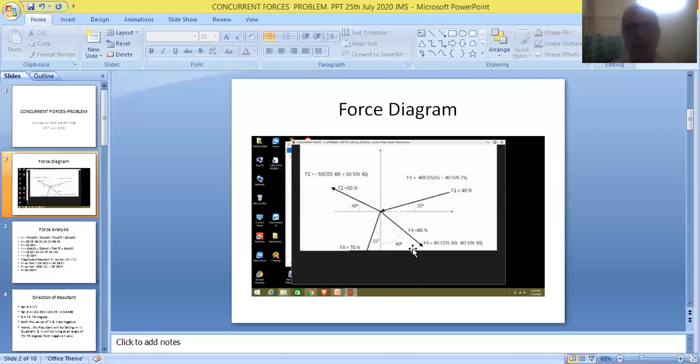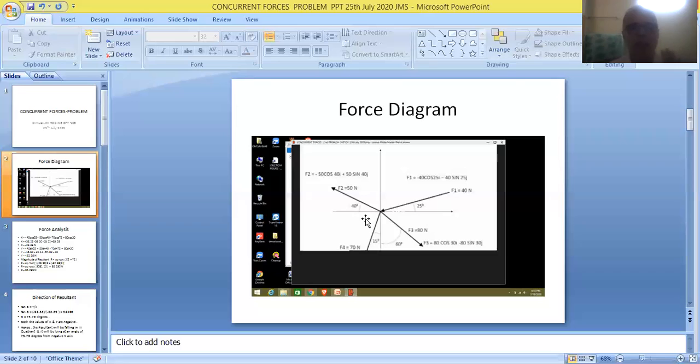And finally, coming to F3, this angle is given as 60. So similarly, 90 minus 60 is equal to 30. So this angle will be 30, and this is used again for making calculations and solving the problem. So friends, F1 is making an angle of 25 degrees with the positive x-axis.